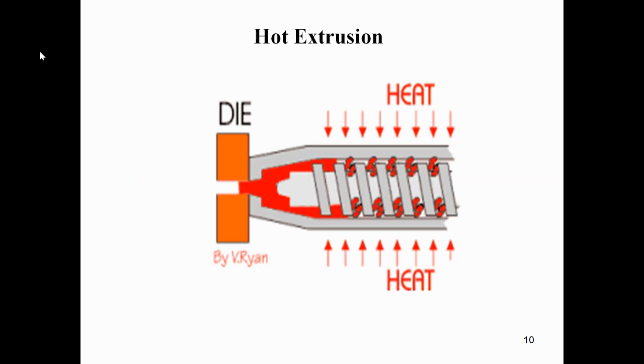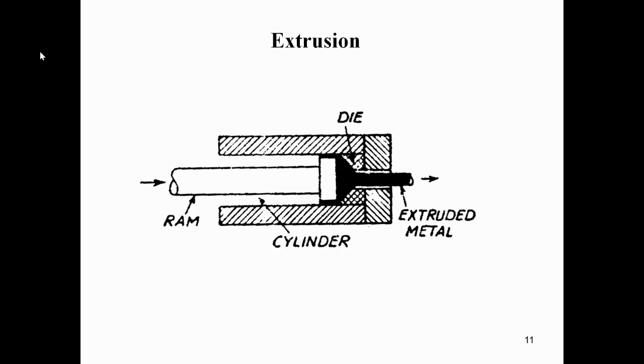This is the 2D diagram for hot extrusion. The ram will press the hot billet. This blackish color will be the hot billet within the cylinder.